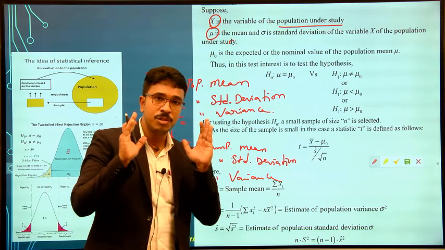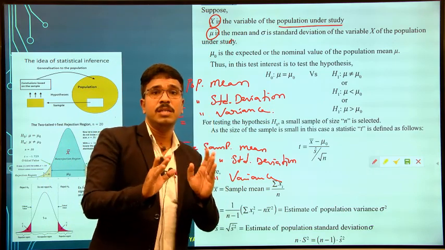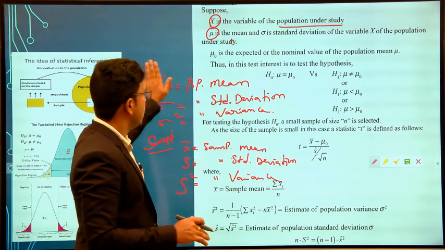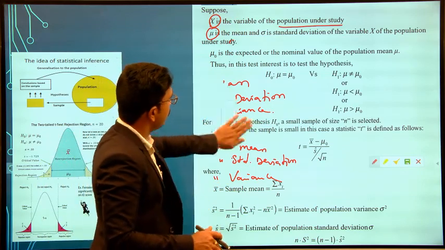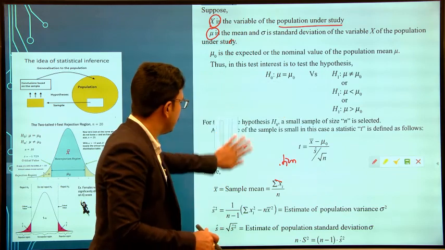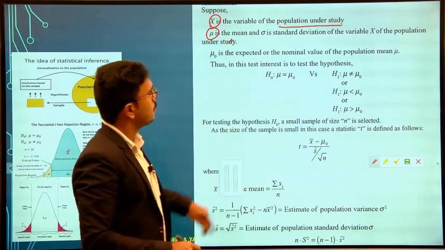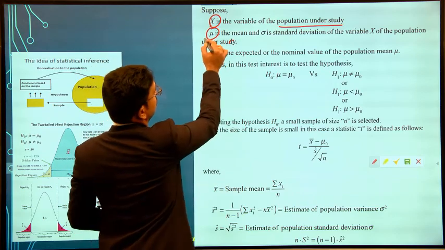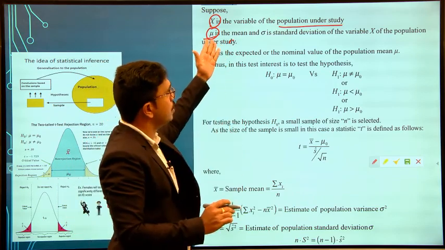You should be very clear about these notations. Unless you are clear with them, it is difficult to understand and solve the problems.